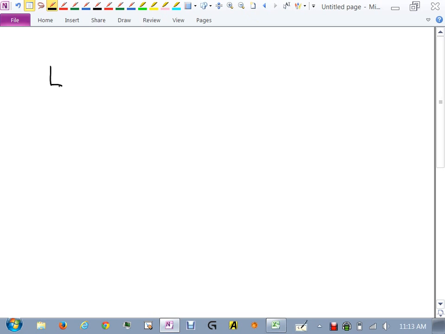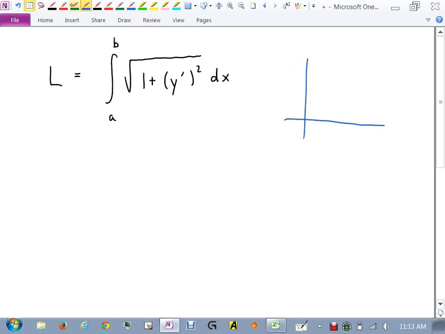That the length of an arc is the integral from a to b of the square root of 1 plus y prime squared dx. And that was valid for a curve that looked like y is a function of x on the interval a, b.